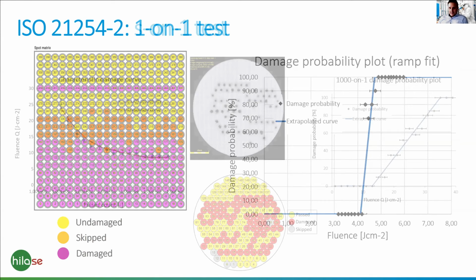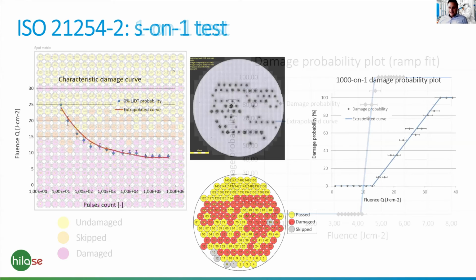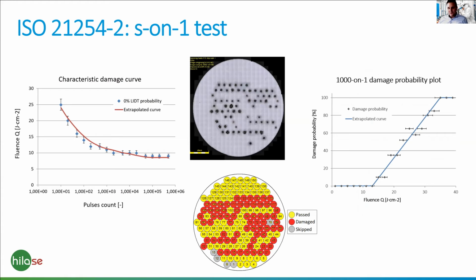The second type of test is S-on-one. It's basically the same as the previous, but you are increasing the number of pulses impacting the specific tested position.